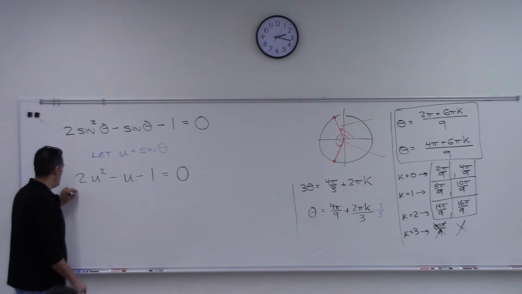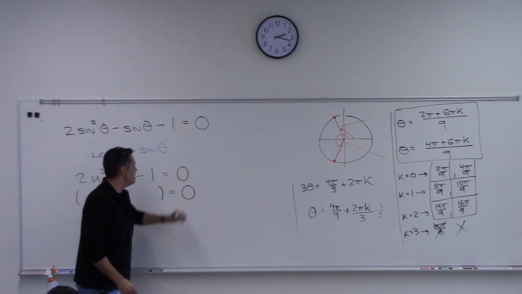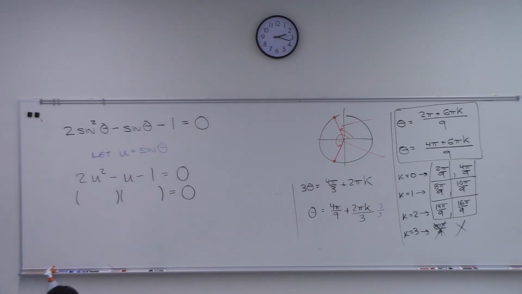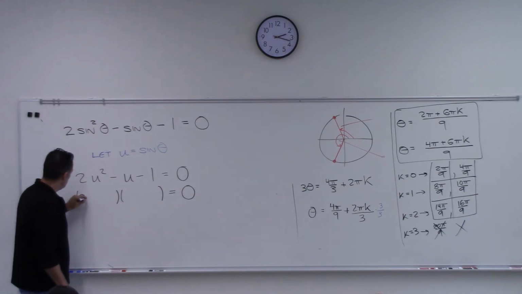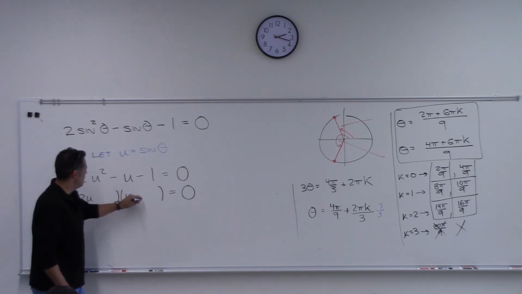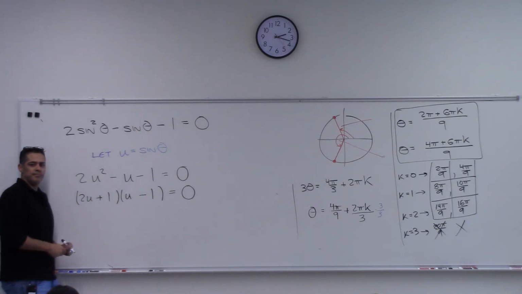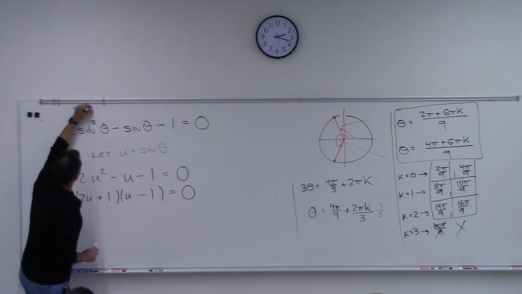Now, I hope, being pre-cal students, and taking us back to the very beginning, partial fraction decomposition, we had to factor back then, didn't we? We should be able to factor this. 2u plus 1, u minus 1, I believe is what we've got here. I should have put here solve, okay?